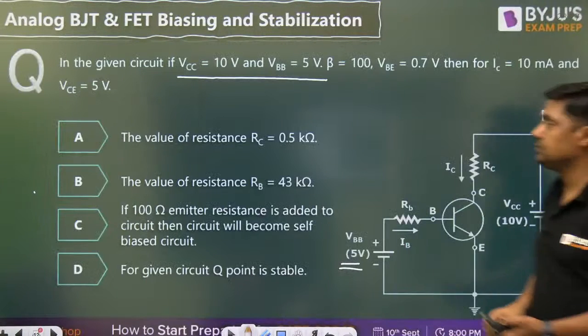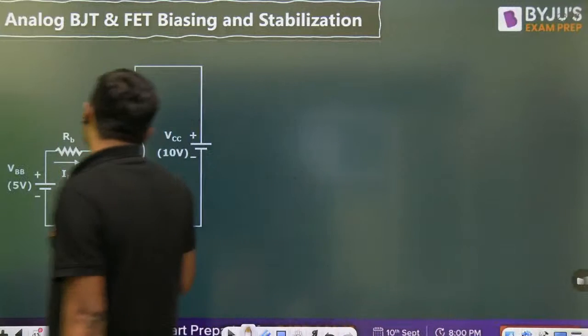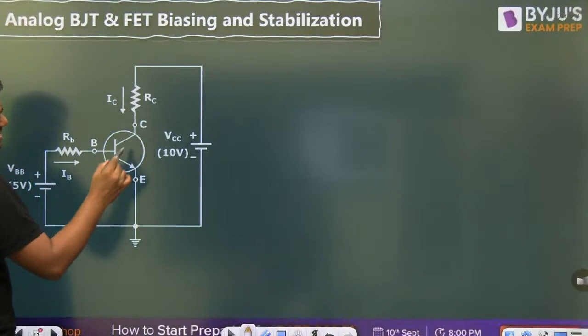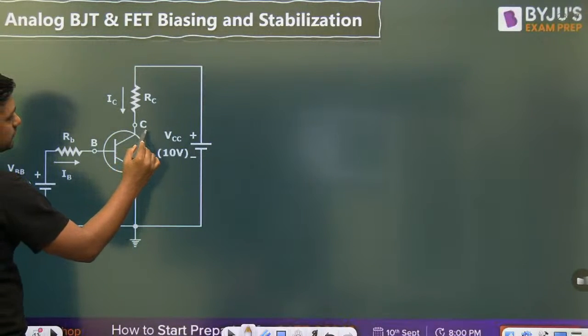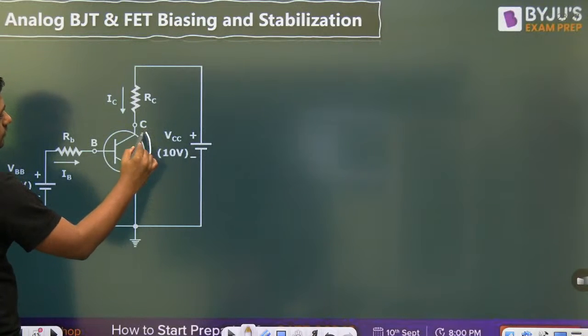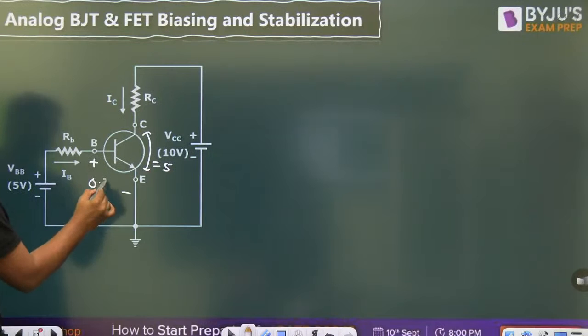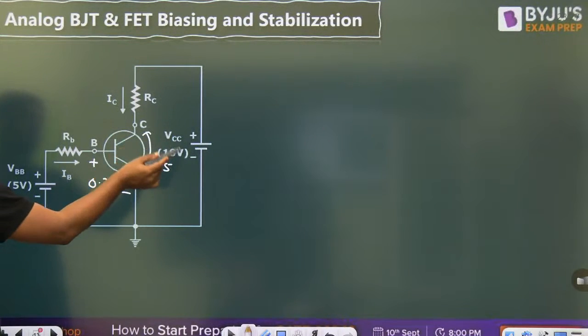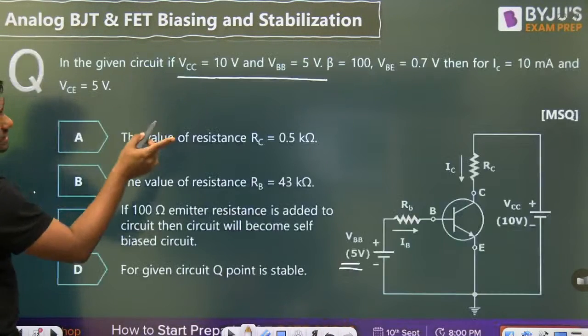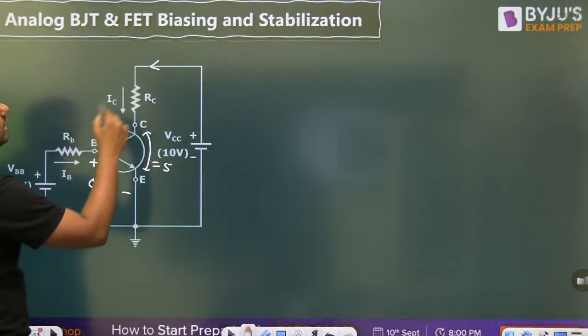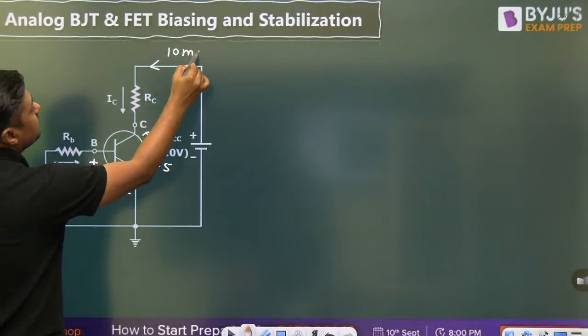Yes, please. Now, if this VCE is given as 5 volt, this is given as 0.7 volt. This is 5 volt, this is the 10 volt. And IC is given as what? 10 milliampere. Everything is given here.